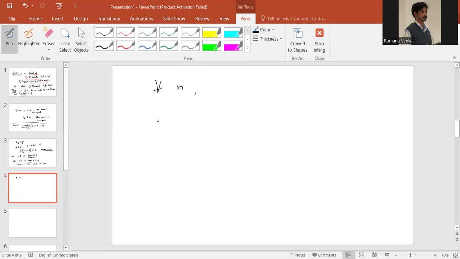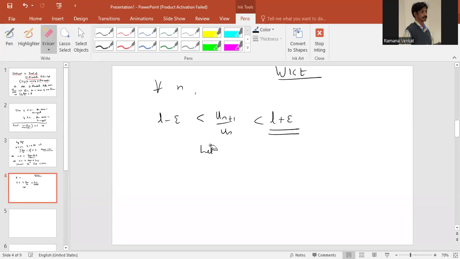What is that? L minus epsilon is less than un plus 1 by un less than L plus epsilon. Now let me concentrate on this number L plus epsilon. Let me start afresh.